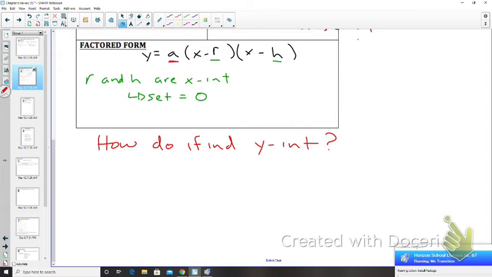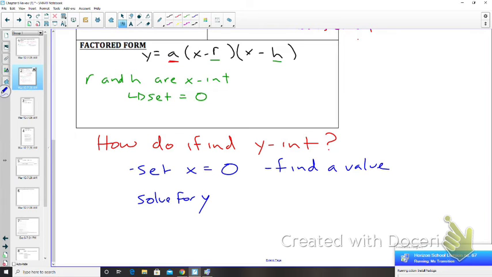You set x equal to 0, and you will also need the a value too. So set x equal to 0 and solve for y.